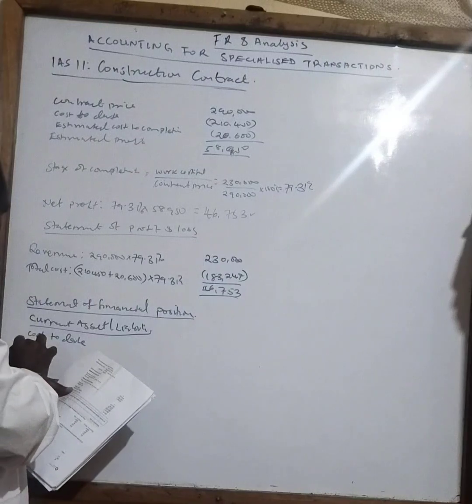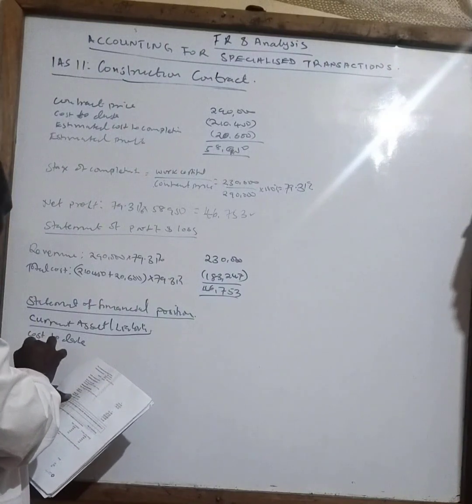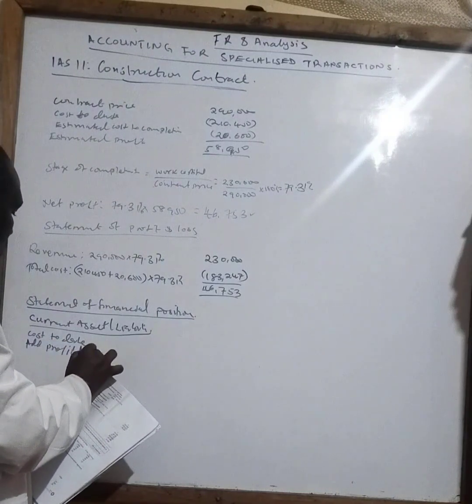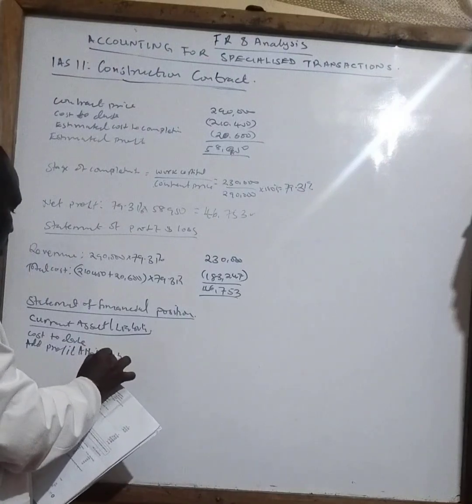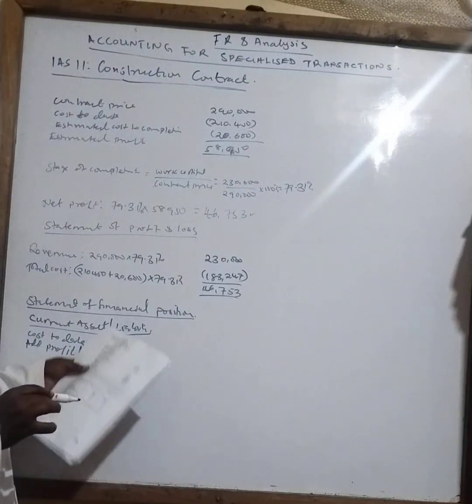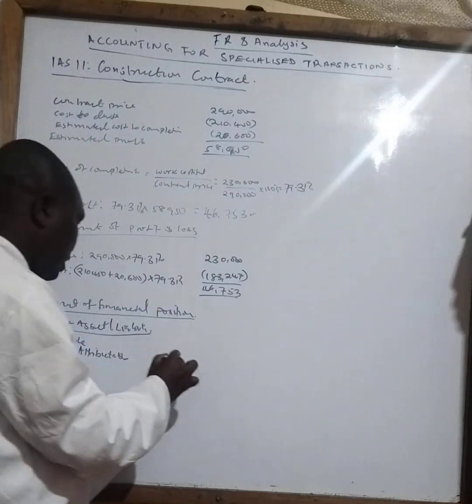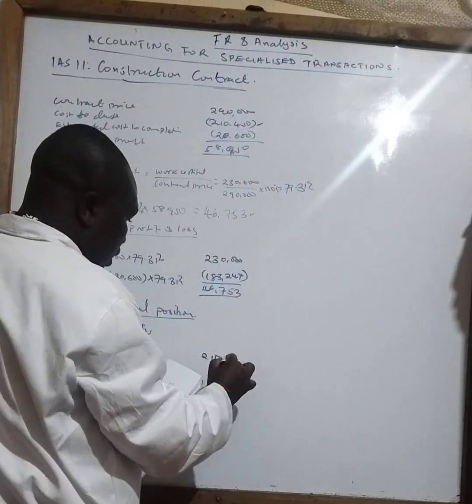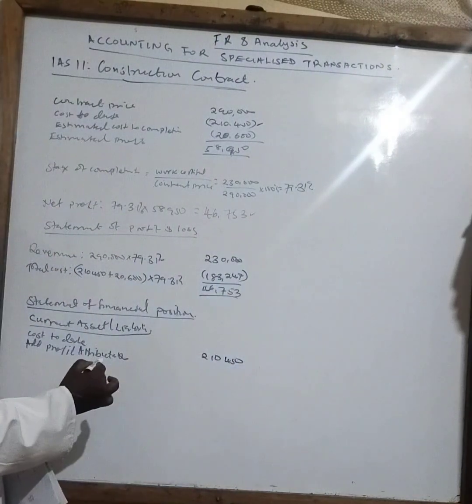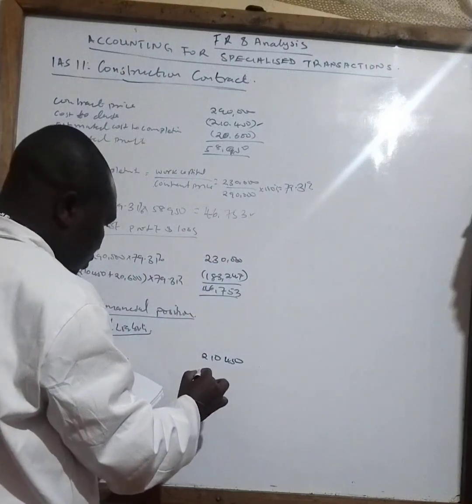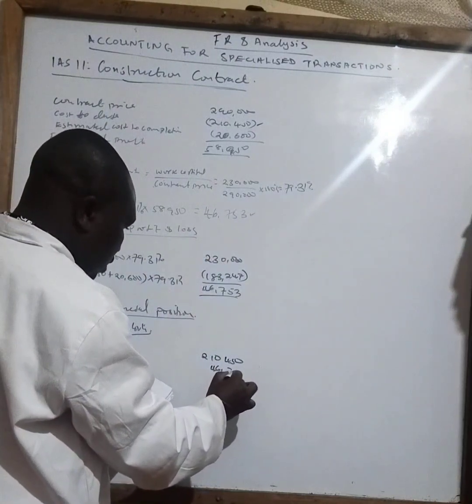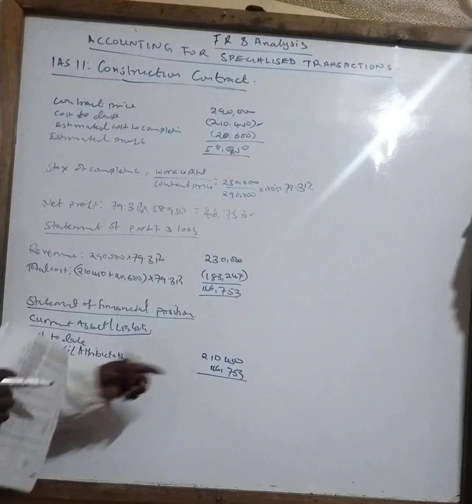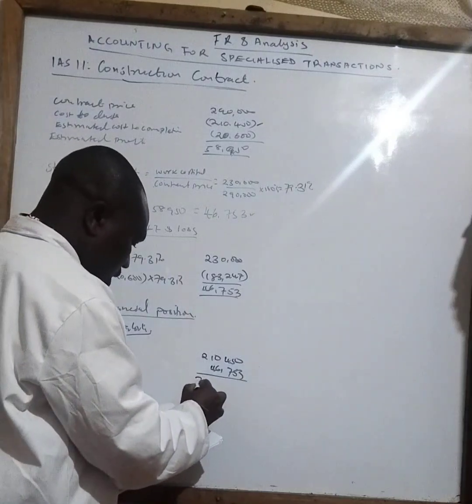Then you add profit. Attributable means the one that has been allocated. So cost to date you have been given in the question as 210,450. Then attributable profit is now 46,753. You add. If it was a loss, you could have put here loss. But this is a profit.